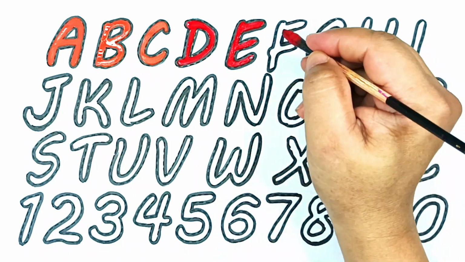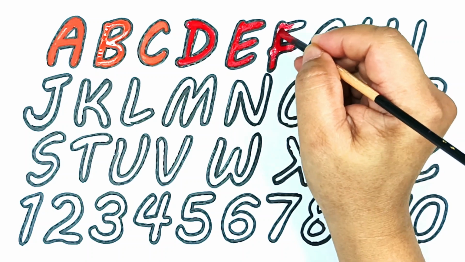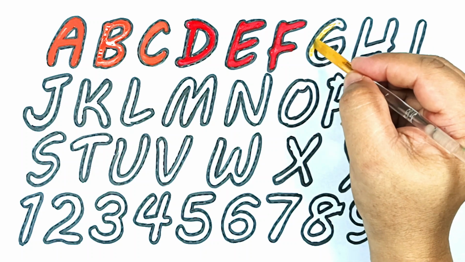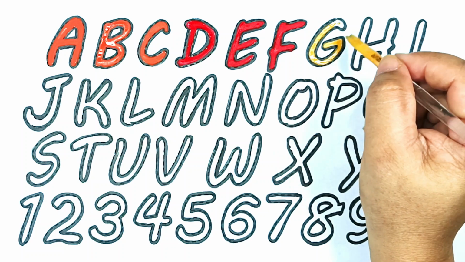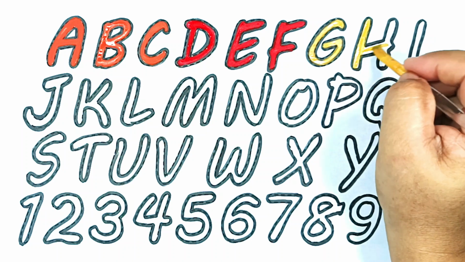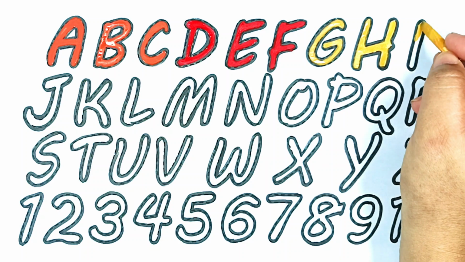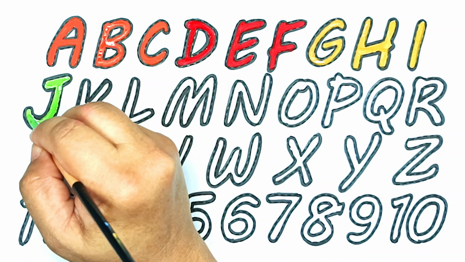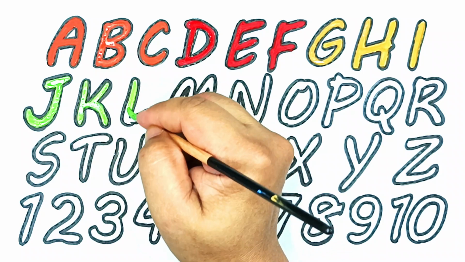E for egg. F for frog. G for glass. H for hat. I for igloo. J for jam. K for kite. L for lamb.